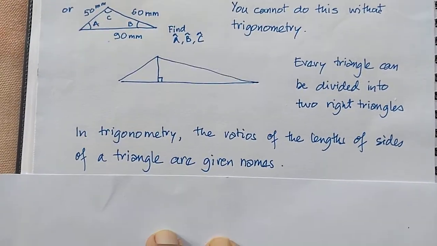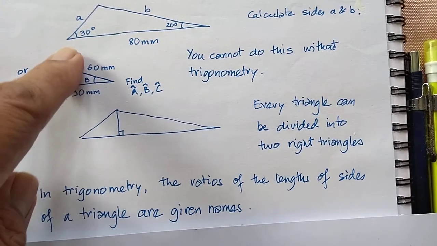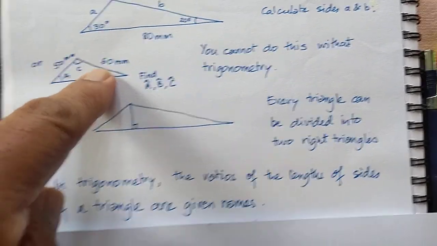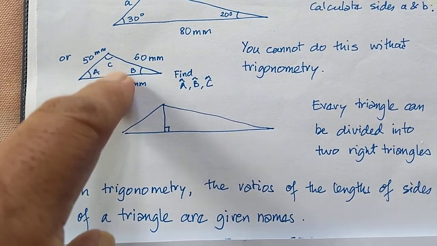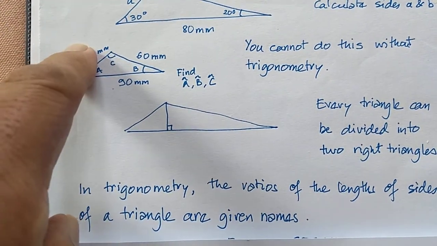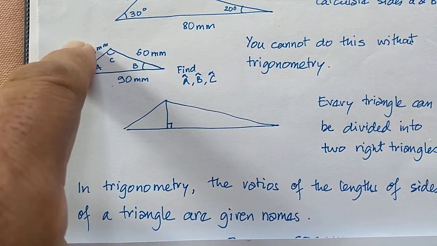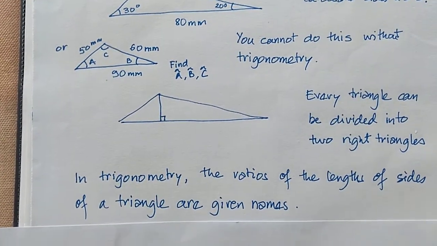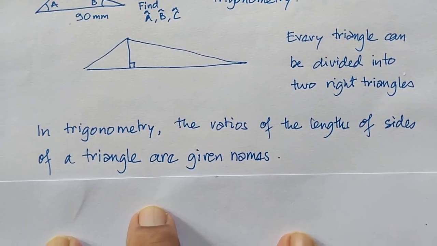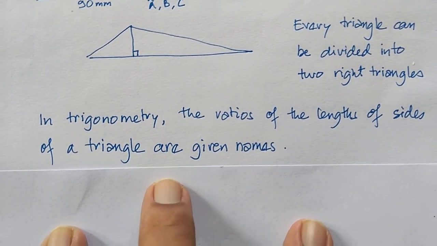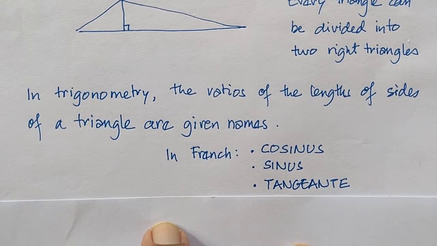in trigonometry, in the last video, we took the ratios of the sides. Remember, we concentrated on that, the ratios of the sides, this side over this side, this side divided by this side. In trigonometry, these ratios are given names, and these names, as you probably are aware of, are in French.